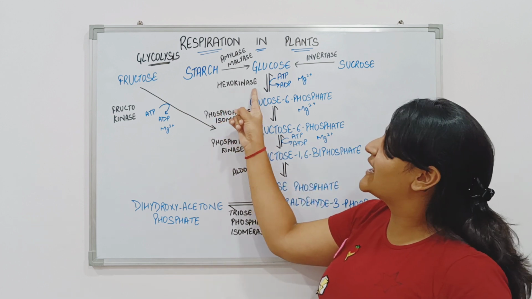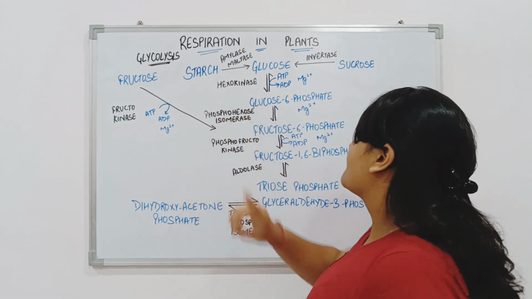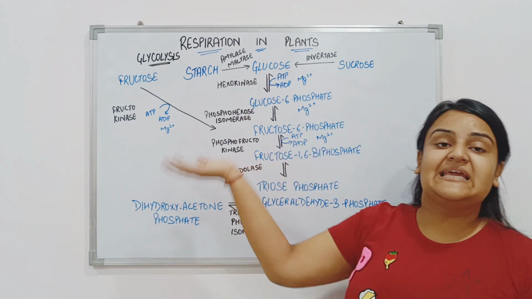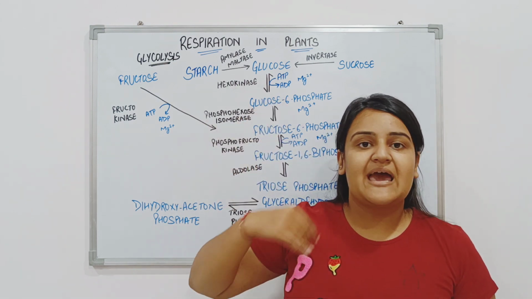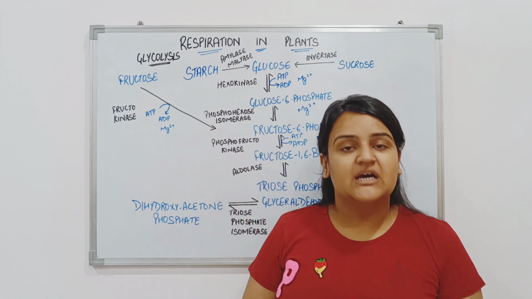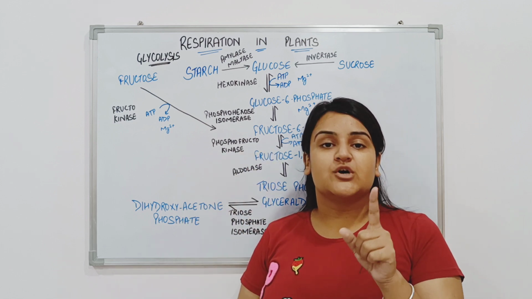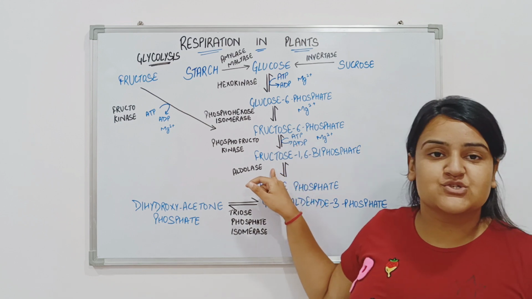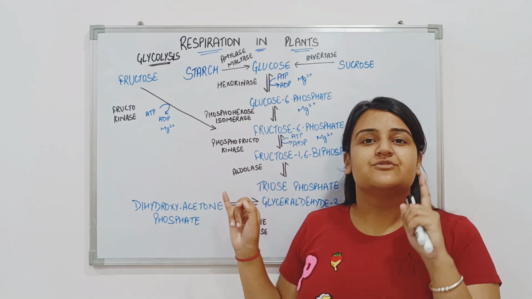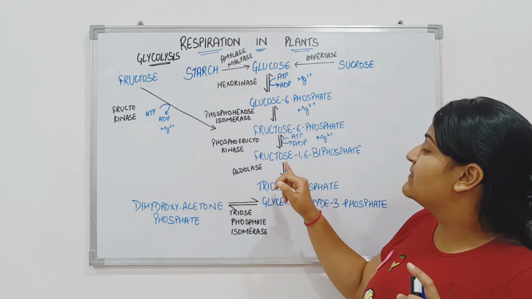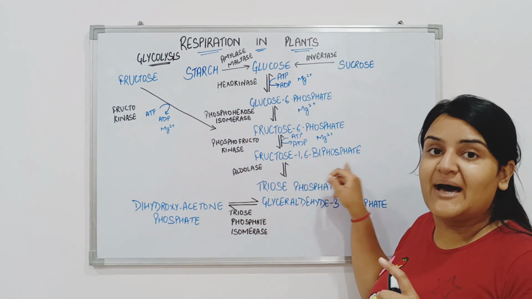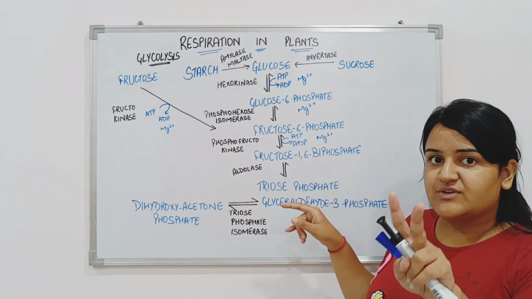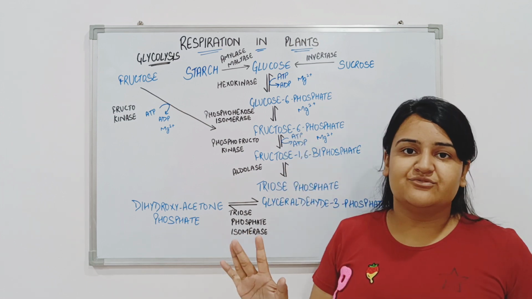Here also hexokinase. Okay. Then after fructose 6-phosphate, we will take another ATP and form ADP, again using 1 more phosphate, and that will get attached to the first position of fructose, forming fructose 1,6-bisphosphate. The 6th position already had the phosphate group.